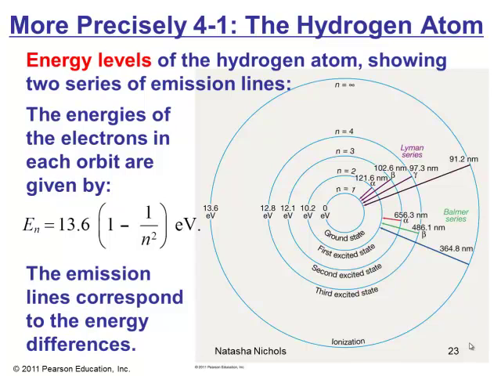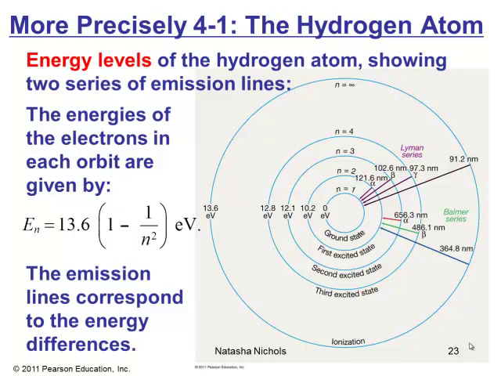So take a look at this picture right here. This corresponds to the energy levels of the hydrogen atom. Remember, this is the simplest atom in the universe, which is 1 proton and 1 electron. Now, the allowed energies of the electrons in each orbit are given by that formula right there, where capital E stands for energy.